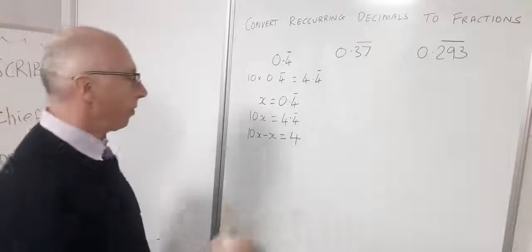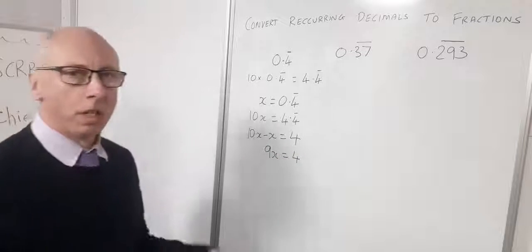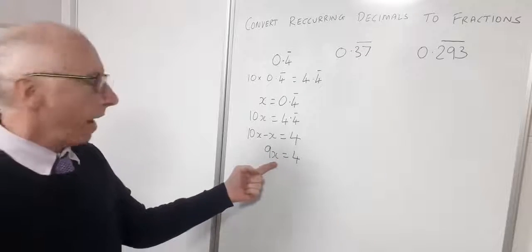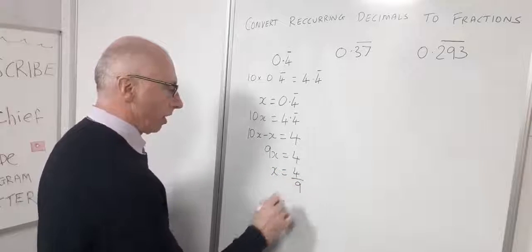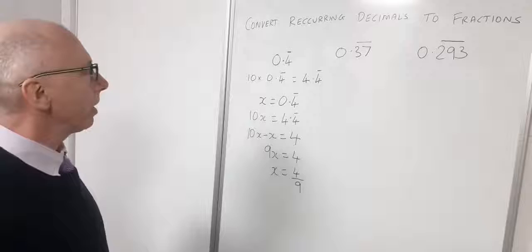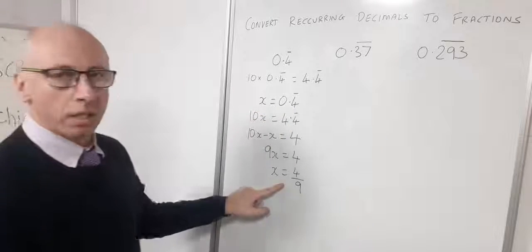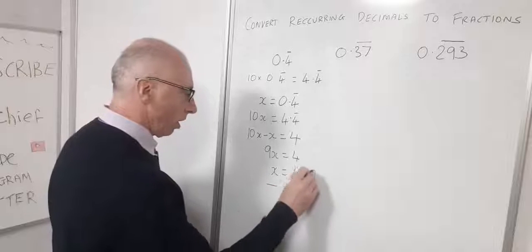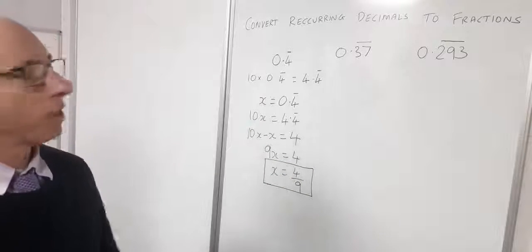So then I'm left with 9x equals 4. So now I can just solve for my x. So x equals 4 over 9. That's dividing by 9 both sides. Therefore my x, which is 0.4 recurring, is 4 over 9. So that's how I can represent that as a fraction.